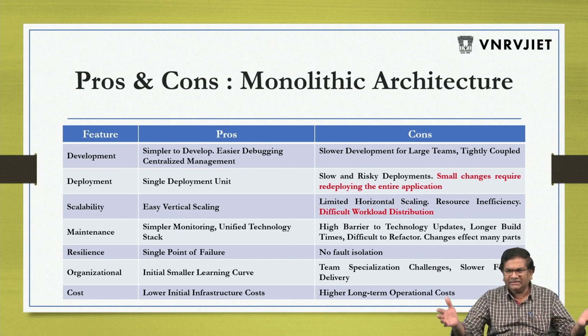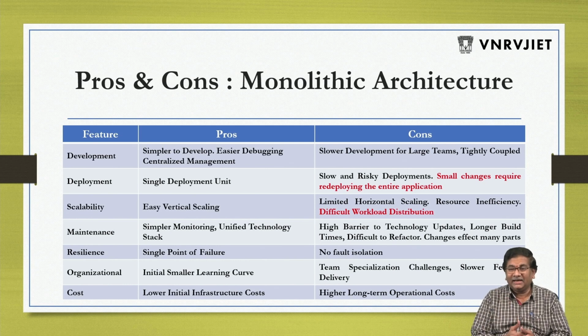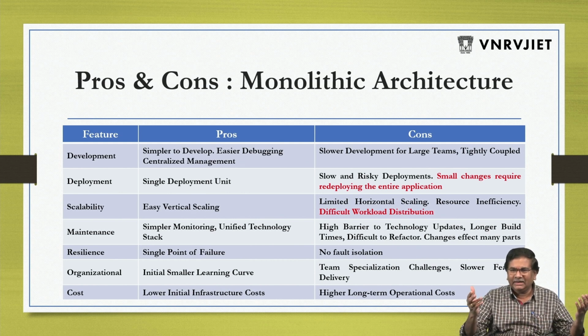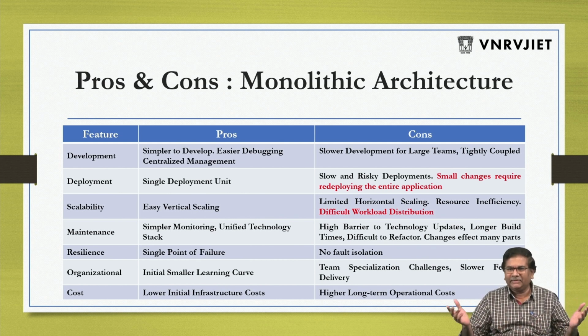You could do that, because it's a single code base. So that's a challenge, and over a period of time this code becomes clunky and very bad. There are certain advantages for initial maintenance, but a lot of disadvantages for long-term maintenance. If a bug is there and the code is convoluted, then it's very difficult to figure out.